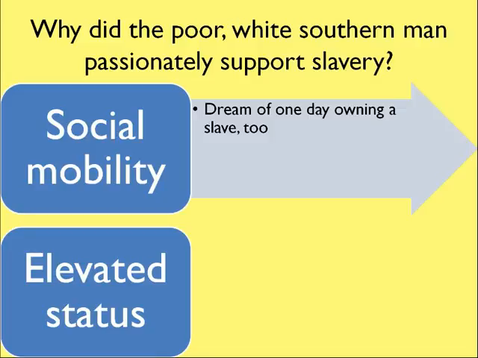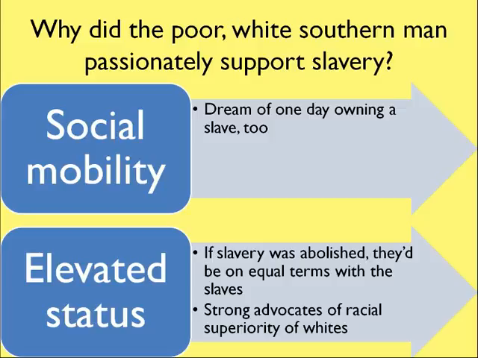The belief that the worst white man is better than the best black man. And if slavery were to end, then they would be at the bottom of society. So they are the strongest advocates of the racial superiority of whites, and this will become embedded within the deep cultural thoughts of white Southern society.